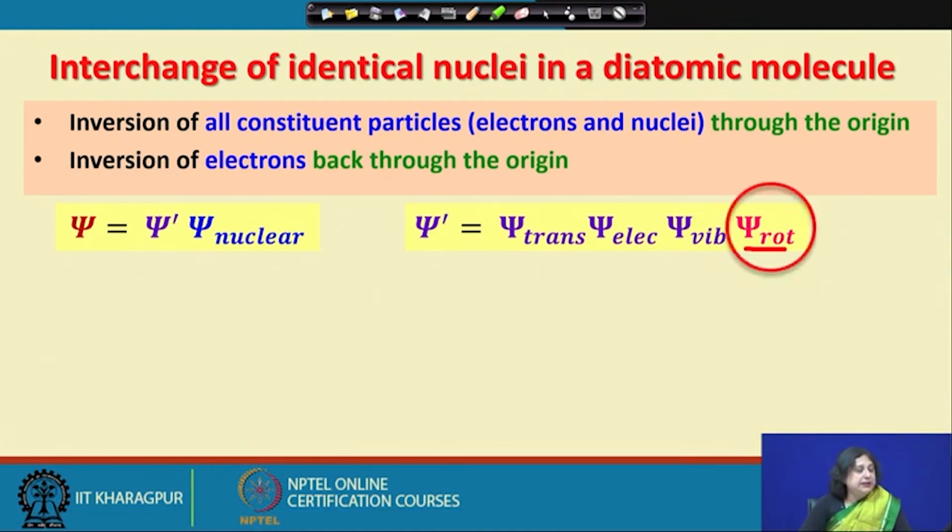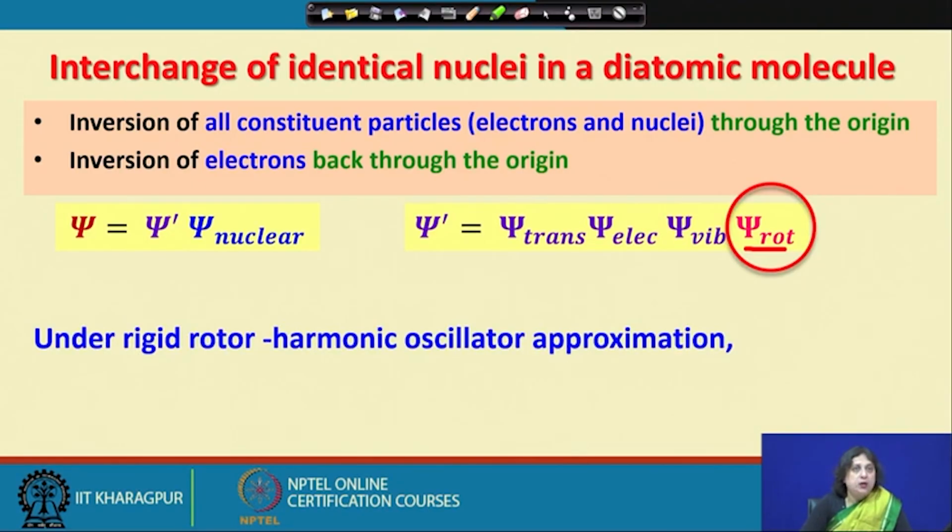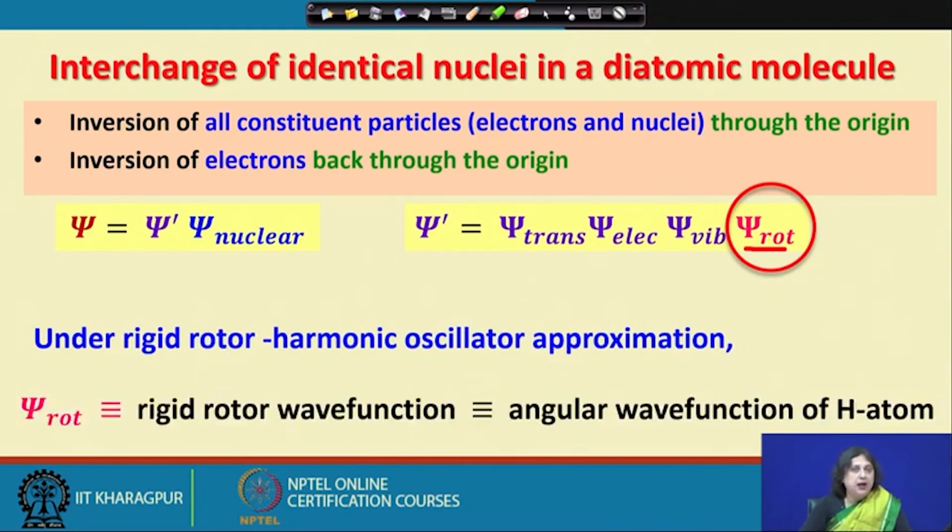So, the next thing that I do here is focus on this. Now, under the rigid rotor harmonic oscillator approximation, I understand that psi rot is nothing but the rigid rotor wave function, and this has the same property as the angular part of the wave function for hydrogen atoms.